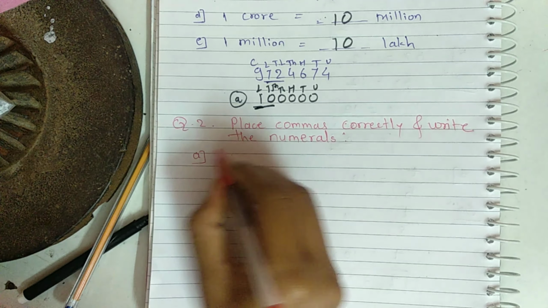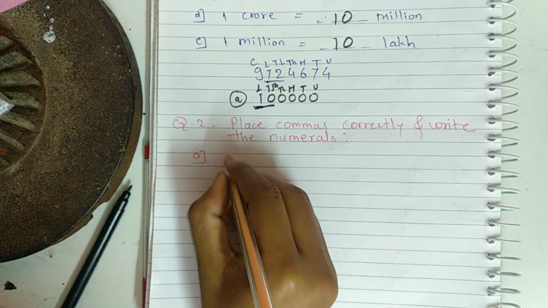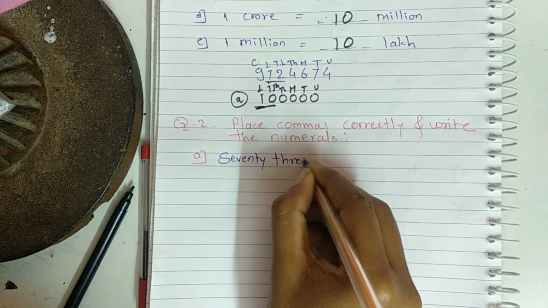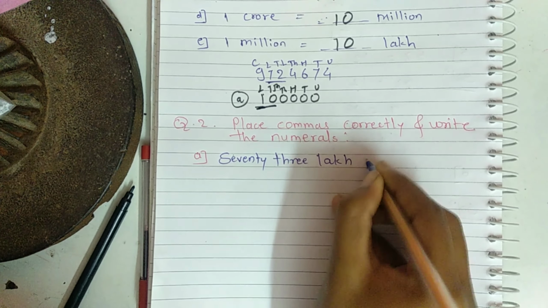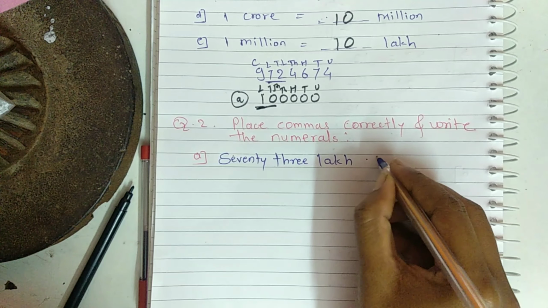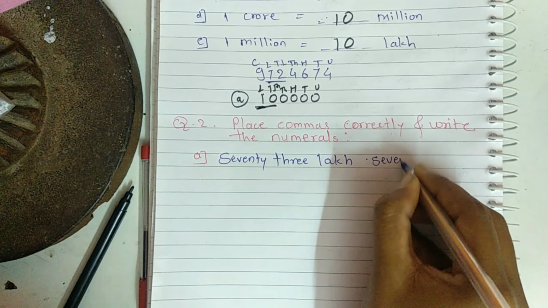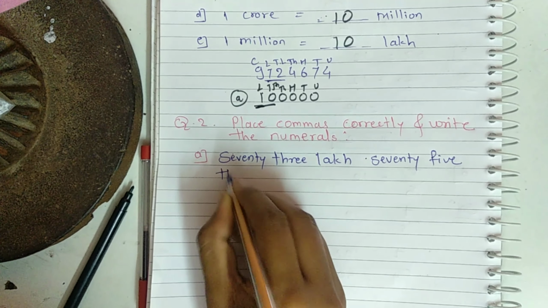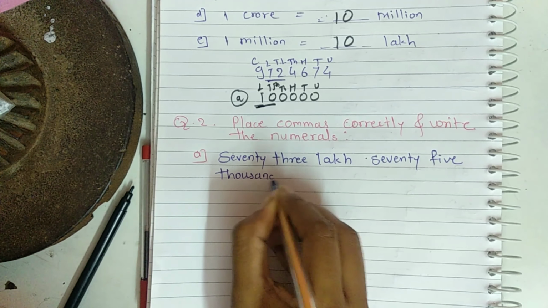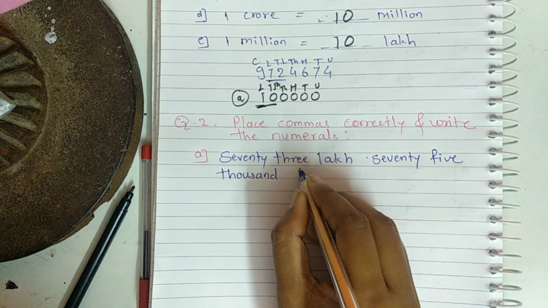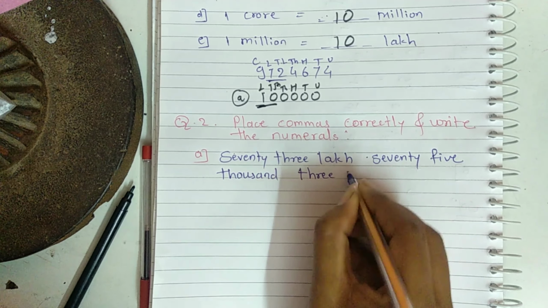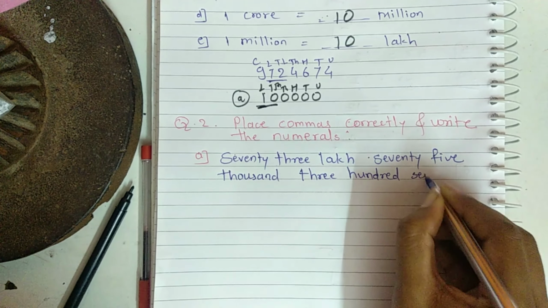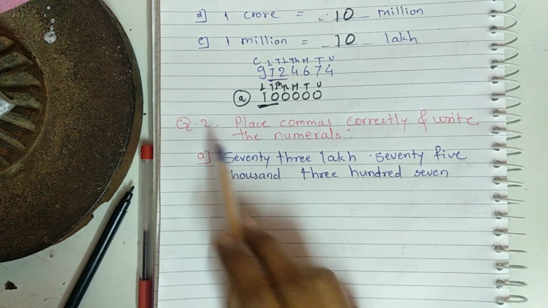73 lakh, 3 lakh, 75,000, 300, 7. What is the question here?